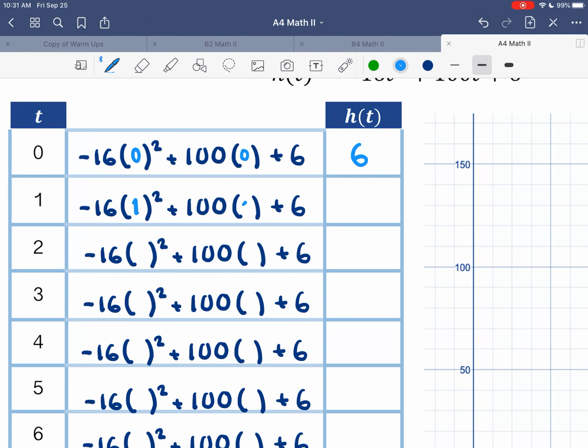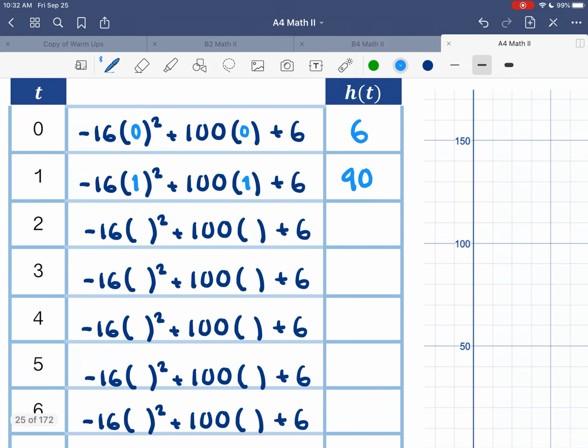Next we're going to plug in 1. And again, plug this into a calculator. Just type in -16 times 1 squared plus 100 times 1 plus 6. And if you do that, and I would encourage you to do that, you'll get 90.